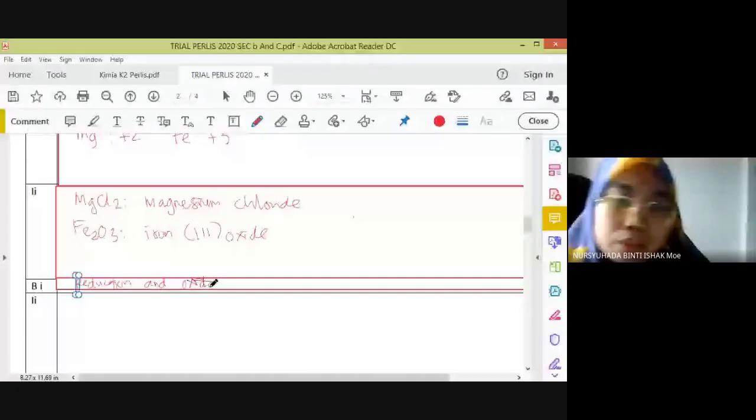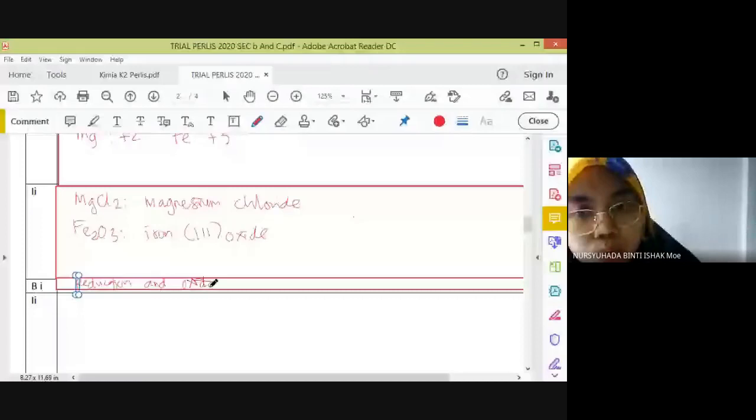Reduction and oxidation. Okay. Redox reaction. Saya rasa tak boleh tulis redox. Tulis je reduction and oxidation untuk keselamatan. Okay. Next question. Soalan seterusnya.